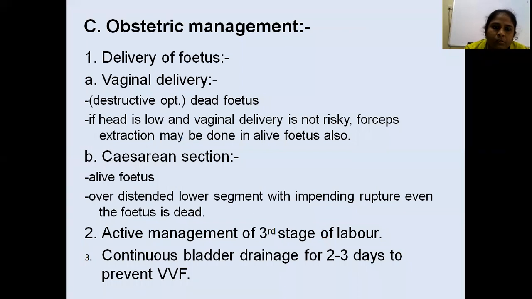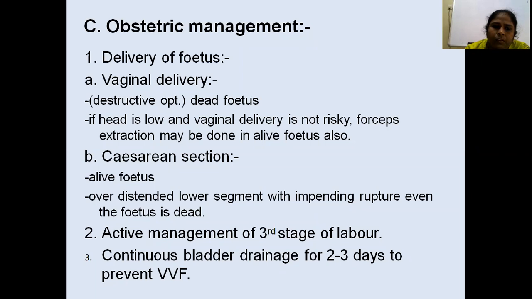Usually you go for a vaginal delivery if there is a dead fetus, then you can go for destructive operations like symphysiotomy, cleidotomy, craniotomy, where you remove the fetus separately, you break the bones. These are called destructive operations. Cleidotomy is where the clavicle is cut, in craniotomy you cut the skull, symphysiotomy, all these are destructive operations.